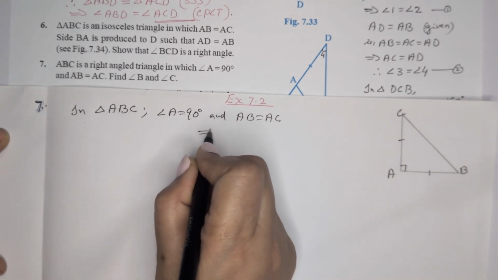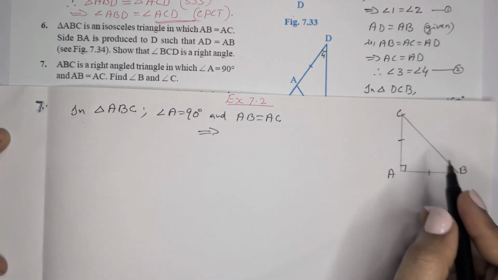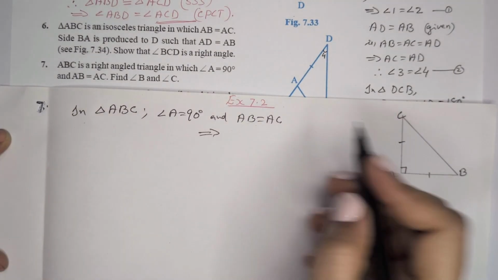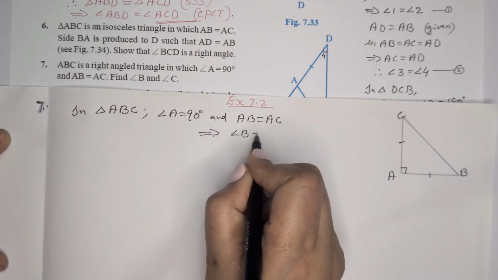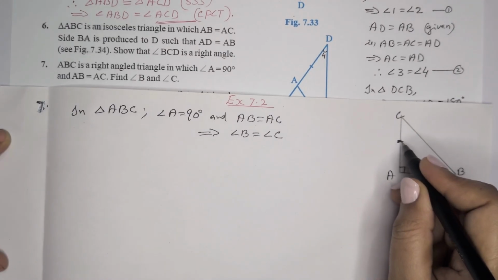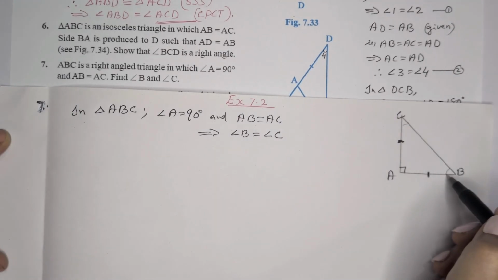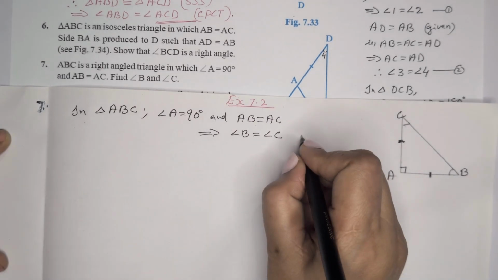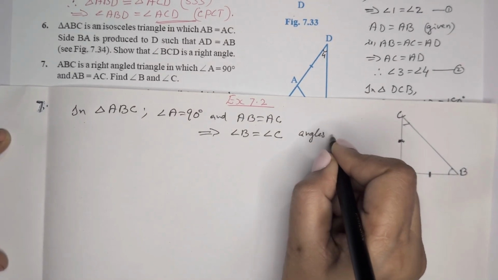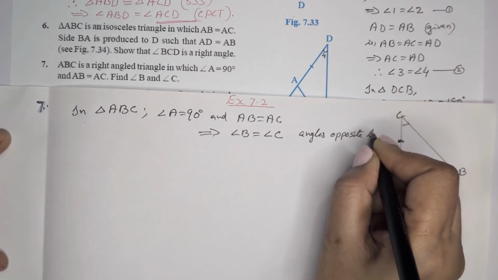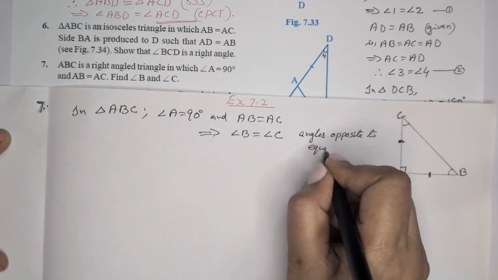If AB is equal to AC, which implies its base angles are equal. Angle B is equal to angle C. If these two sides are equal, these two base angles will be equal. Angles opposite to equal sides.